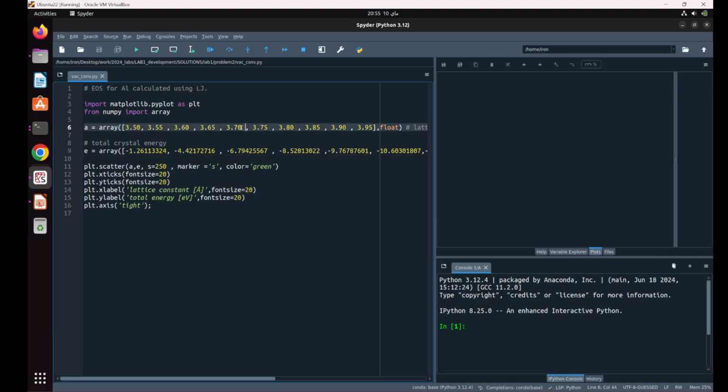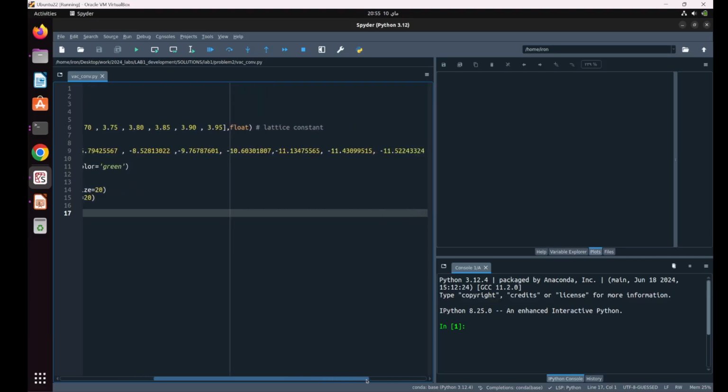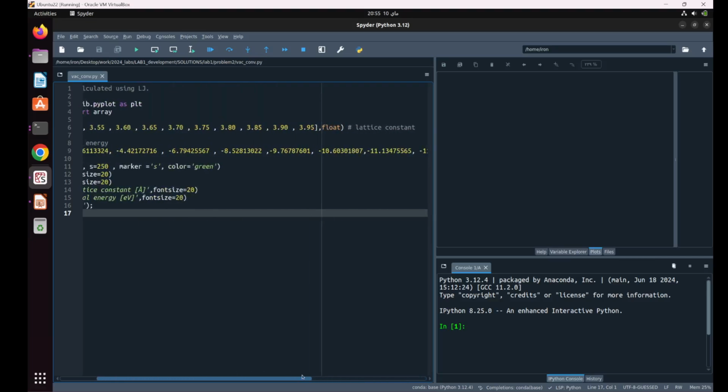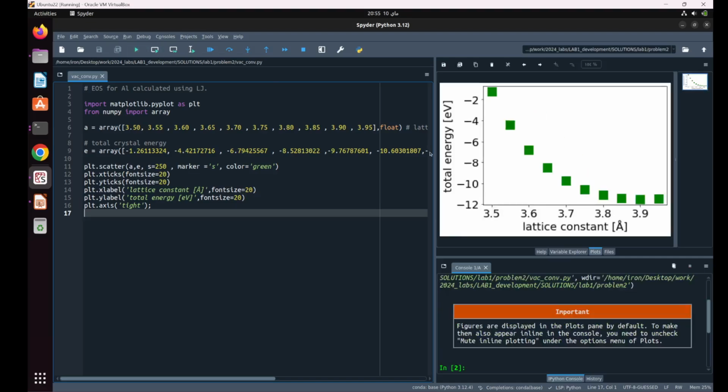You see, the energy that we just calculated at 3.7 was actually minus 8.767 electron volt. So we did these prior in preparation for this recording, and these are all the energies, and above you have all the lattice parameters in Python arrays, and we have some plotting lines here to help us do the plot. So let's run the script, and here we go.